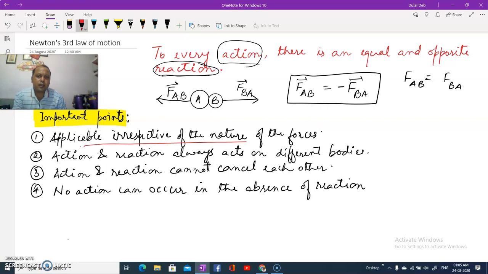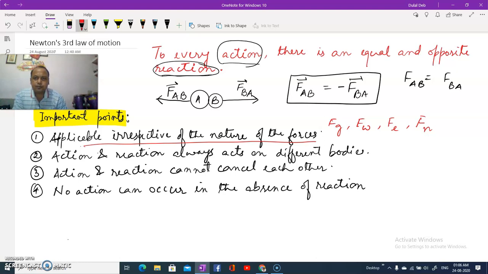We know that the basic forces in nature, whether it is gravitational force or weak force or electromagnetic force or nuclear force, for any of the forces you consider, this law is always applicable. So it doesn't depend on the force.